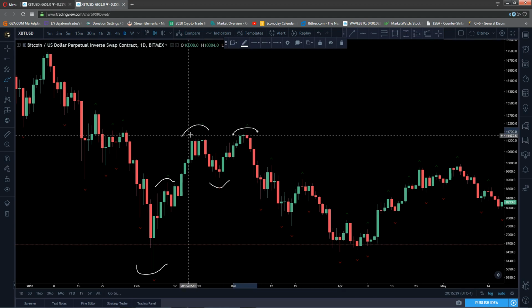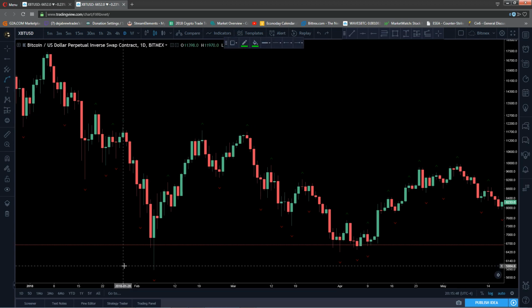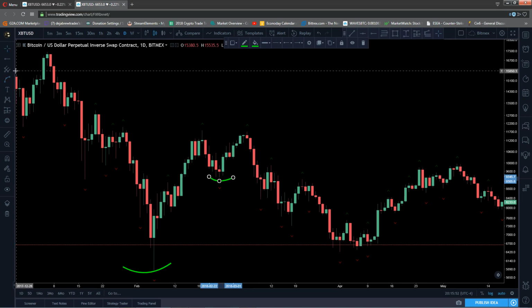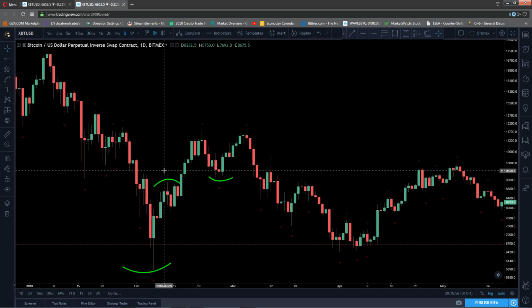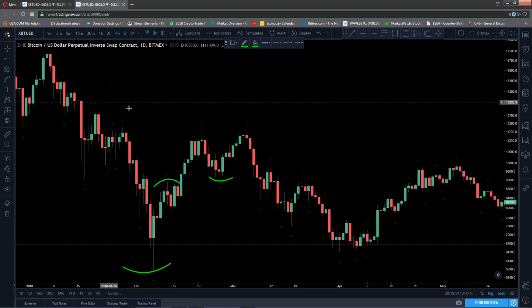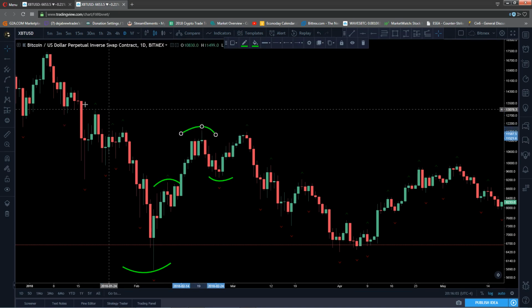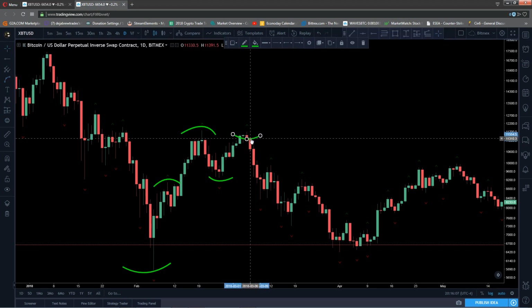This swing high forms a double top with the previous swing high. So what do we see here? We see a swing low into a higher swing low. We have a swing high into a higher swing high, but then our next swing high does not make a higher swing high.